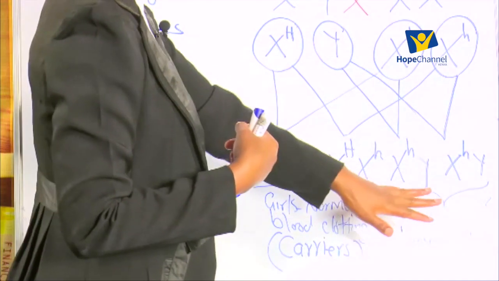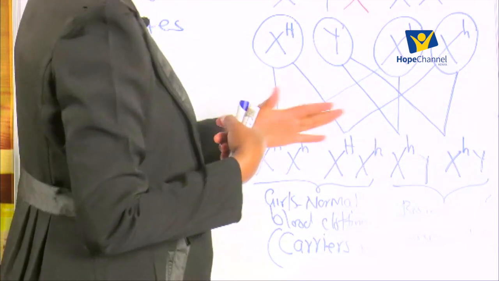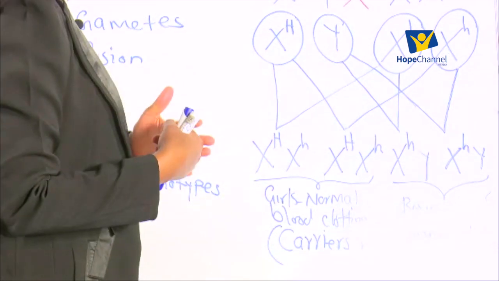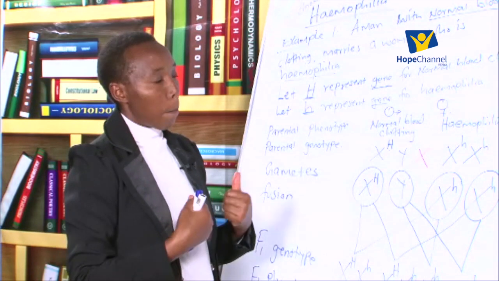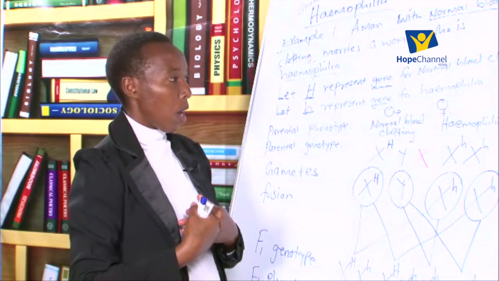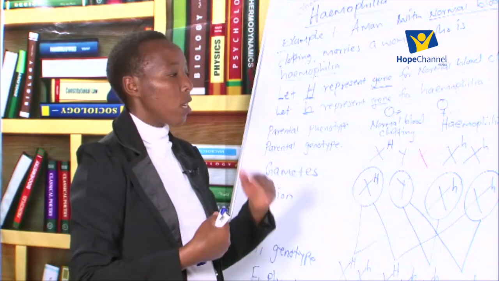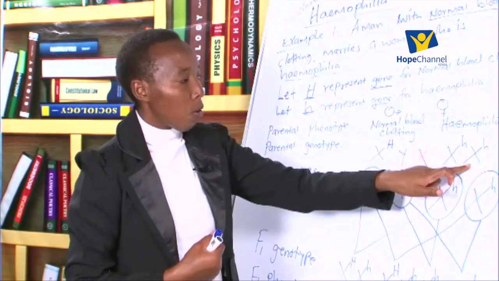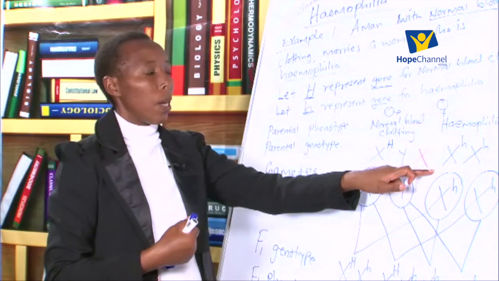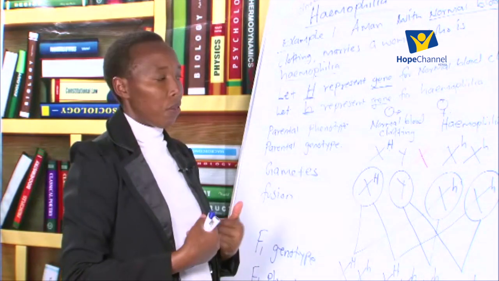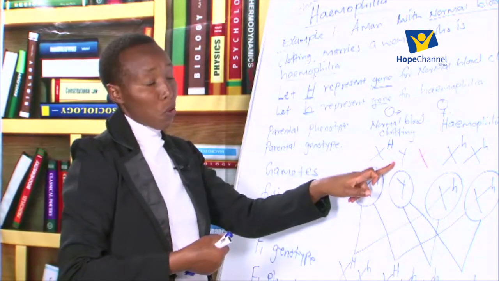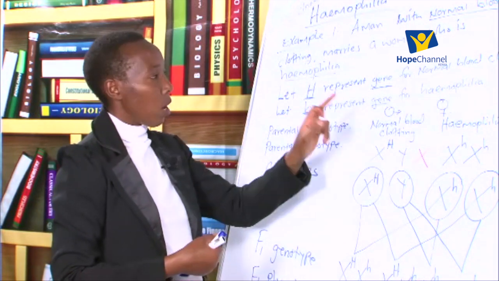Then all the boys in that family will be hemophilic, because boys only get the X from the mother, and the mother is hemophilic. So anytime they get a boy in that family, that boy must be hemophilic, because the Y chromosome does not carry the gene for hemophilia.